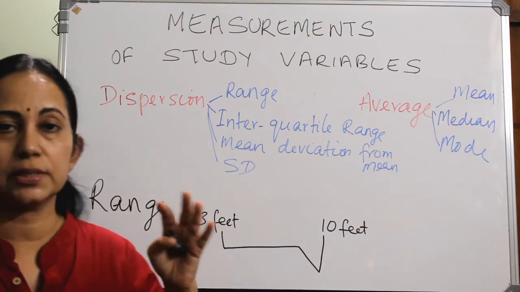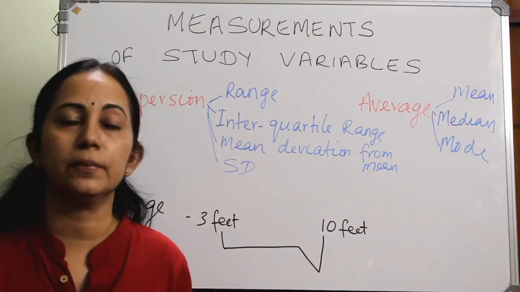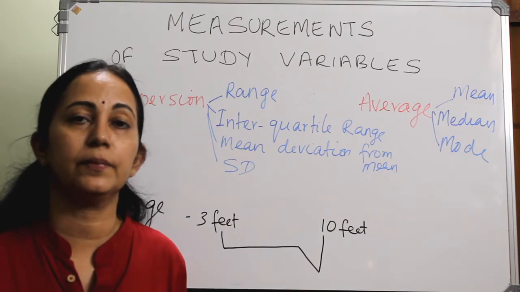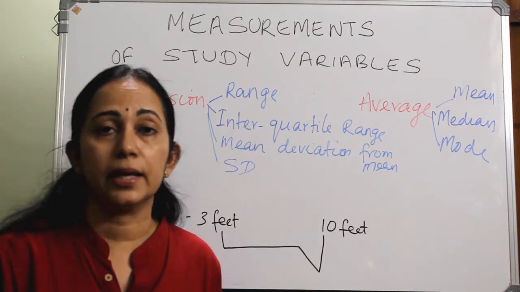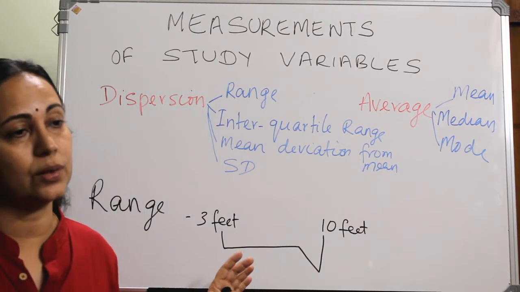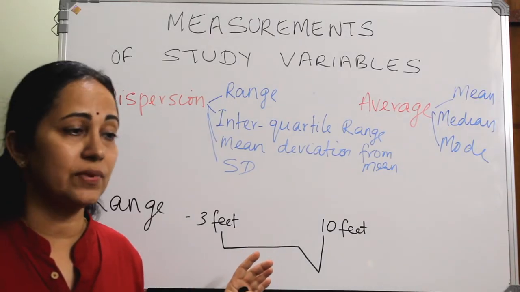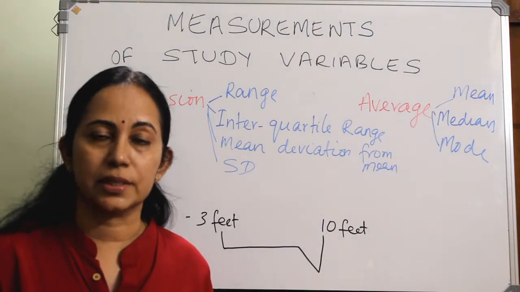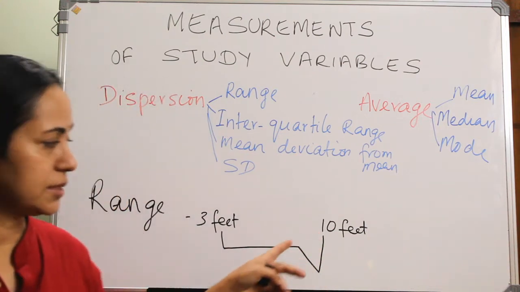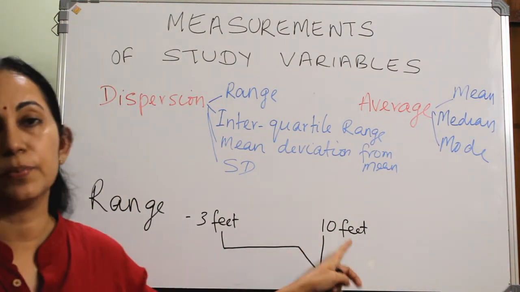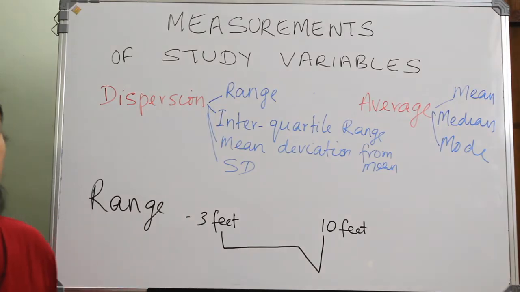So range is the interval between the minimum and the maximum value. The advantage is that it is easy, it's a very easy pointer to describe the data. But the disadvantage is, as I already told, this is influenced by extremes of value.